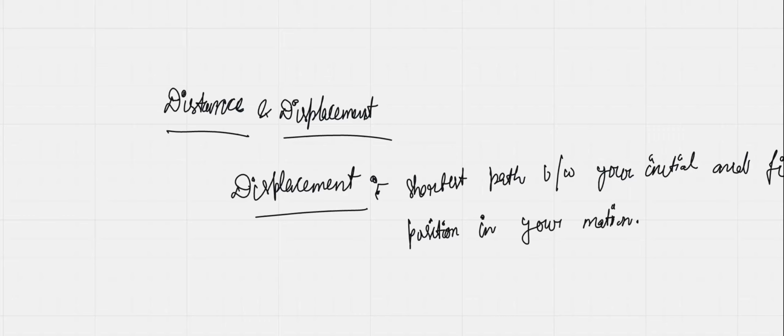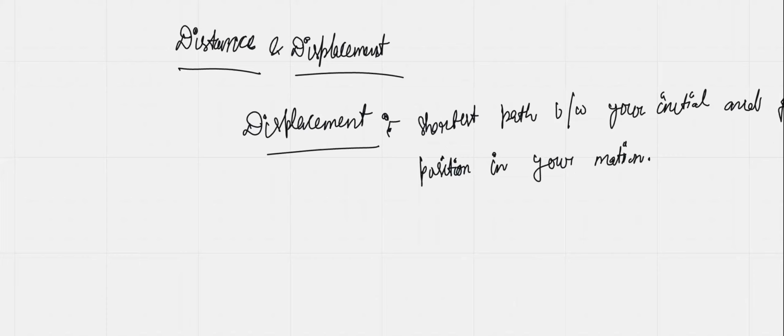How can we represent this? If we are given a velocity, say a particle is moving with some velocity, what can be the displacement? Displacement is generally shown by s.